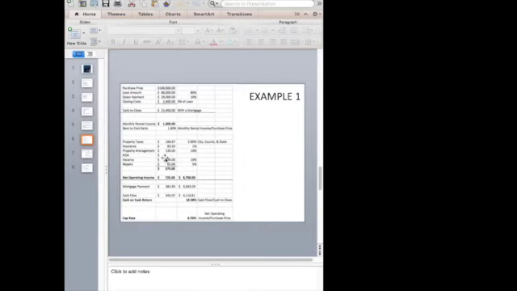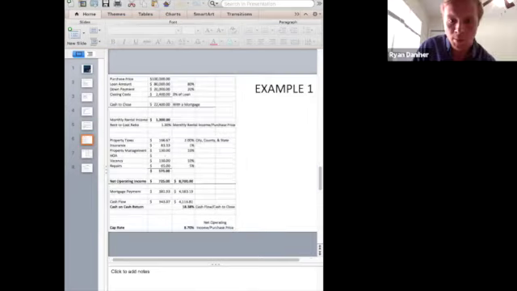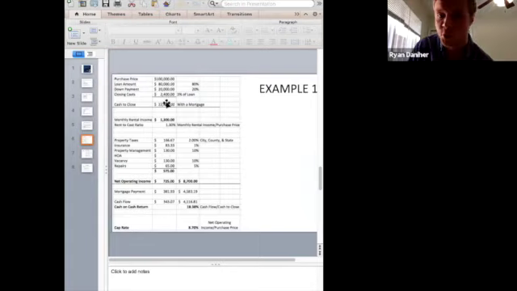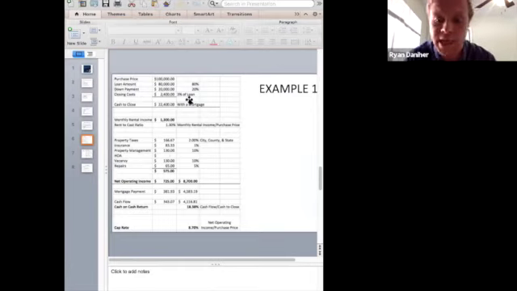If you look at this example, the closing cost would be added to the loan amount, making it $82,400, and the cash to close would go down to $20,000, and you would definitely have an increase on the cash on cash return.